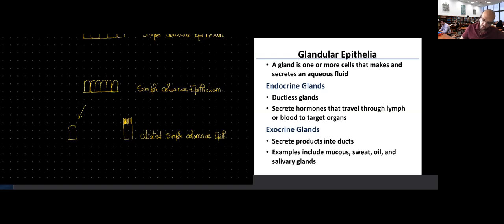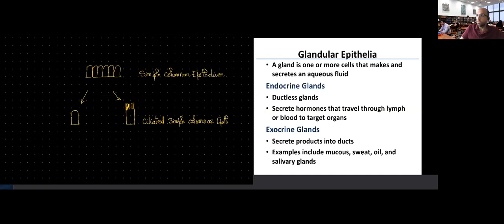And we did have another variety of the simple columnar epithelium, which cells didn't have any hair-like projections or cilia. So we call this one a non-ciliated simple columnar epithelium.